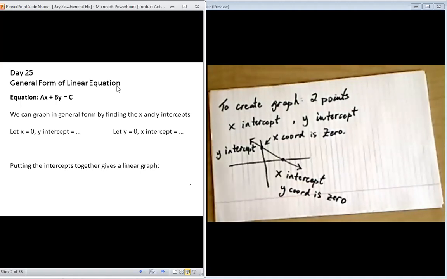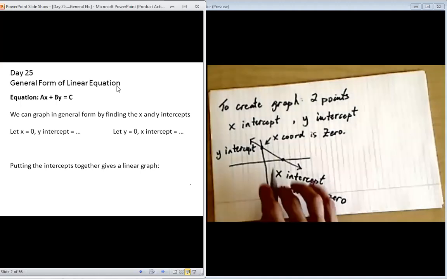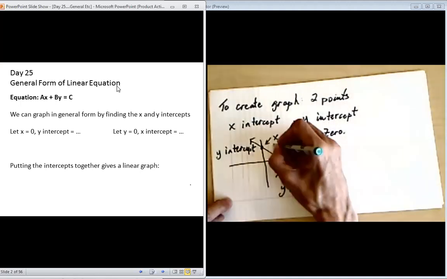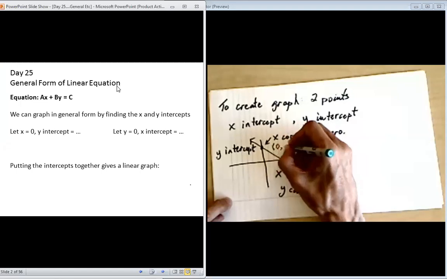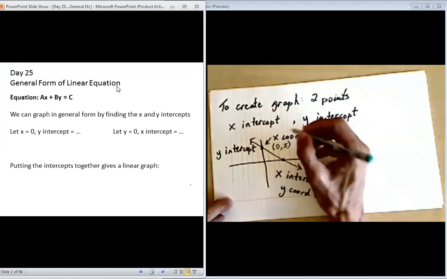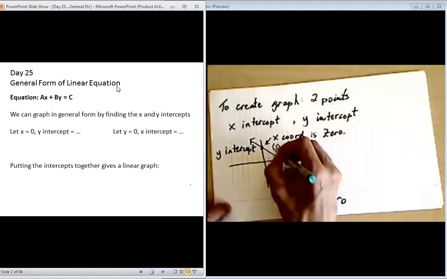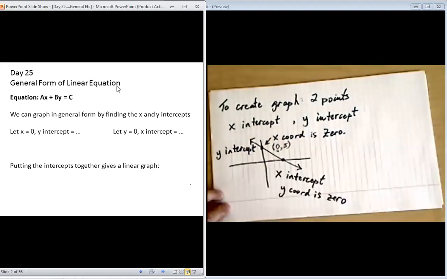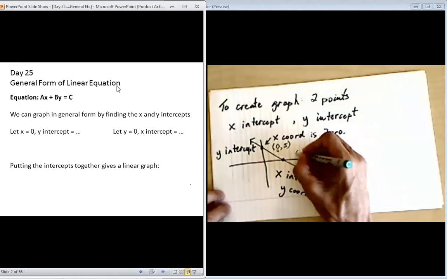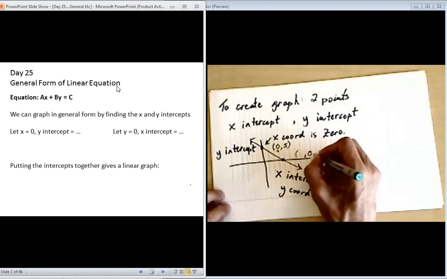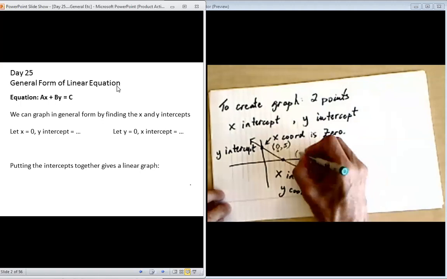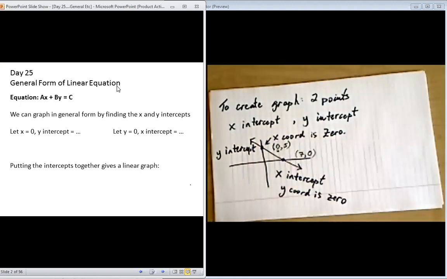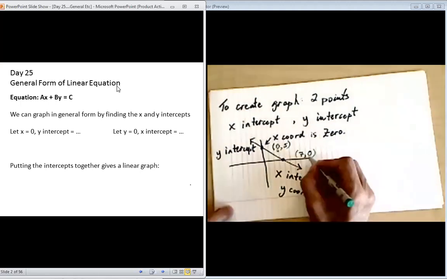So you know what that means? When you write the point up here, it's always going to start with 0 and then some number afterwards. For the x-intercept down here, the y-coordinate's always 0. It's always going to look like 0 for the y and then some number there for the x. Okay, but always a 0 for the y.